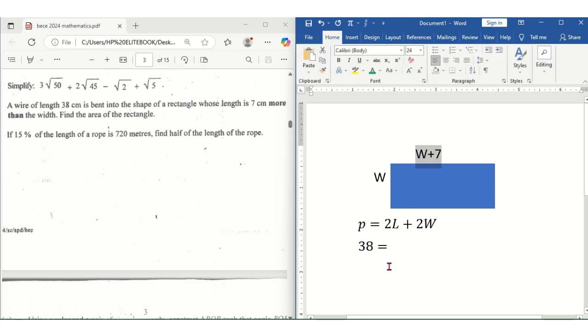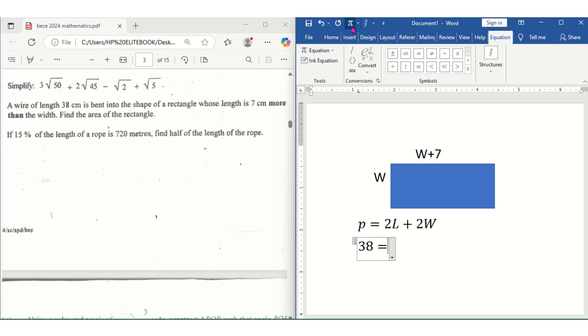So the 2 will multiply the length, which in mathematical form will be 2 into bracket, or 2 multiplying w plus 7, close our bracket, plus 2w.